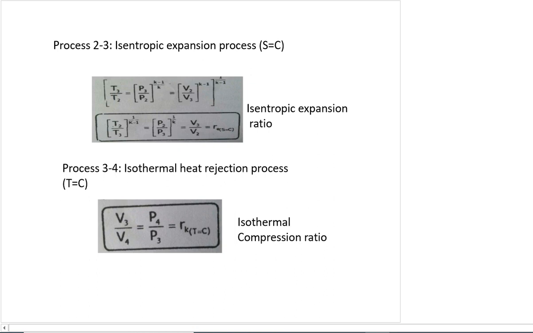T3 over T2, or the high temperature of the system. If this is our system, then the high temperature, this is 3, right? It goes into the turbine.